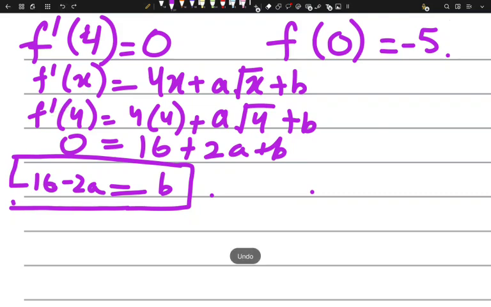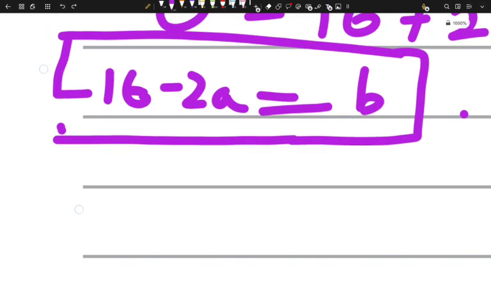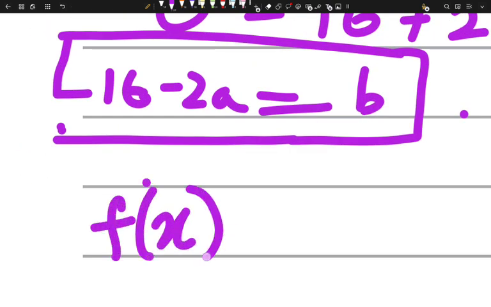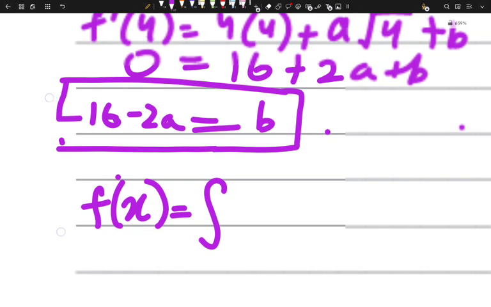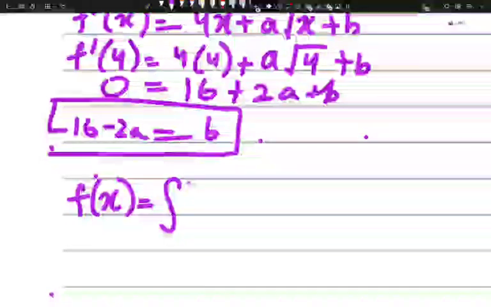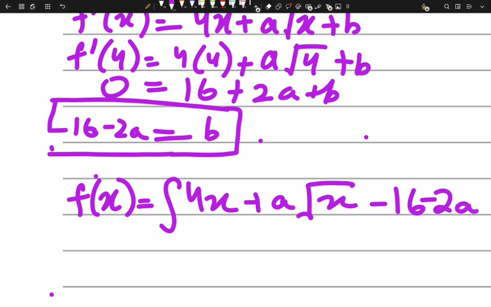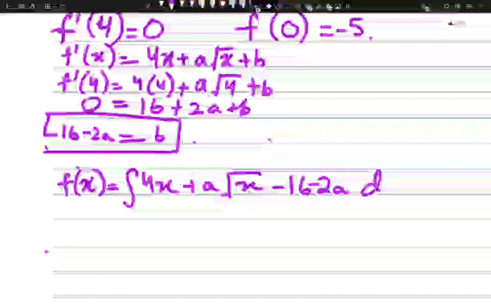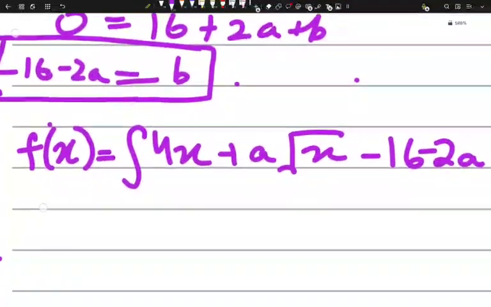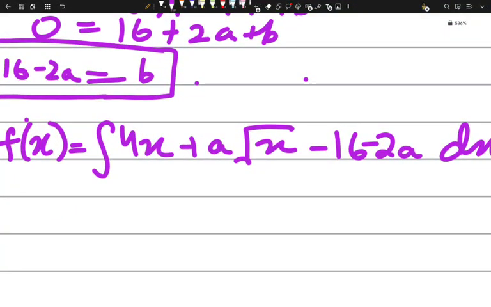Once we have that, let's try finding the curve's equation. To find it, I'll need to integrate f prime of x. Now f of x must be the integral of f prime of x, which is 4x plus a under root x plus b. Instead of writing b, I'm just going to write -16 minus 2a. Let's integrate this further.